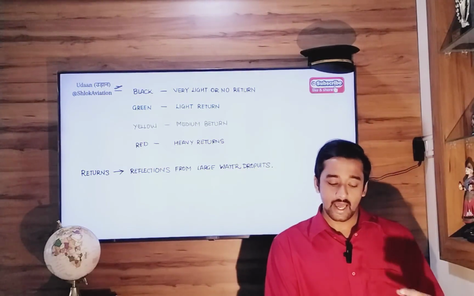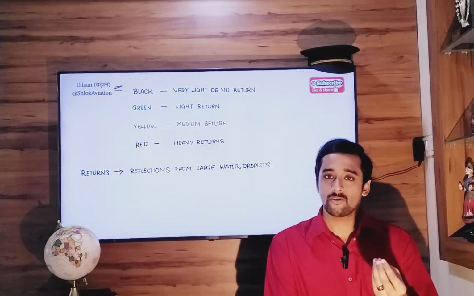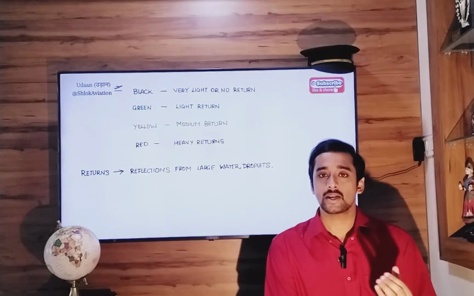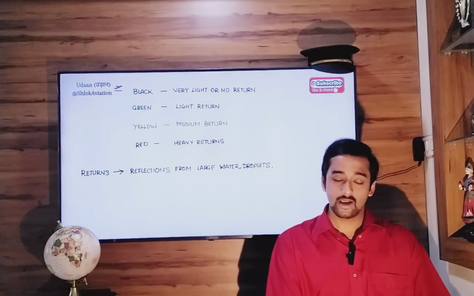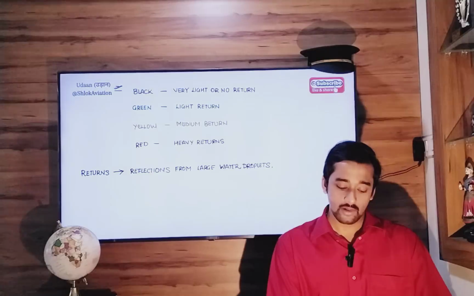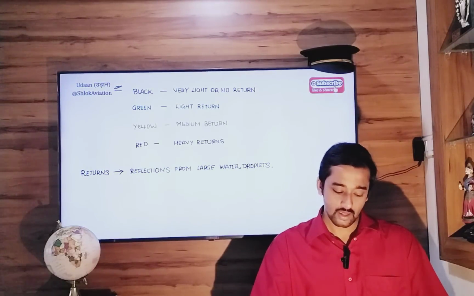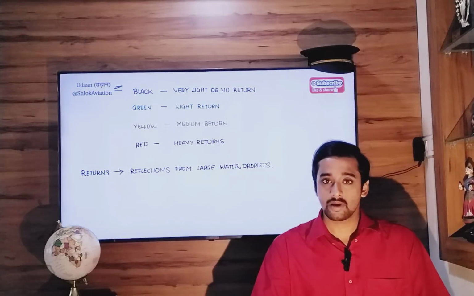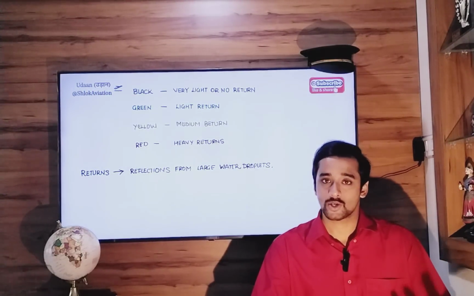So very light or no return means very light reflection from very few water droplets in the cloud. Light return means a little bit more than the previous. Medium returns means you are getting reflections from a good number of water droplets in the cloud. Heavy returns means that the cloud is concentrated with dense, large water droplets.